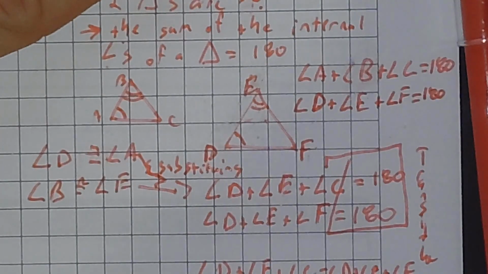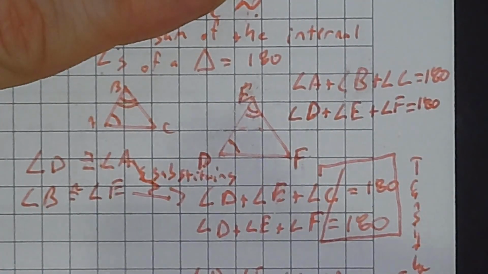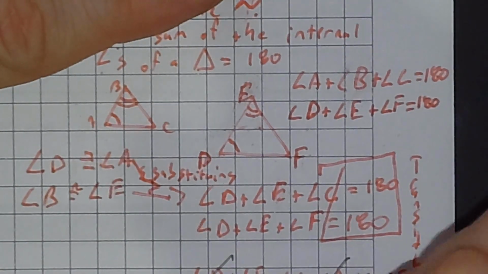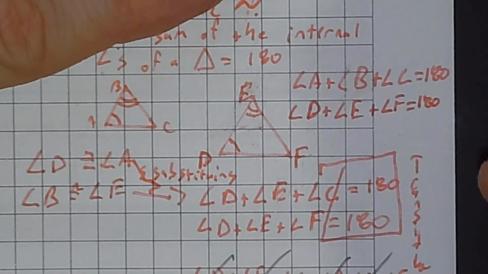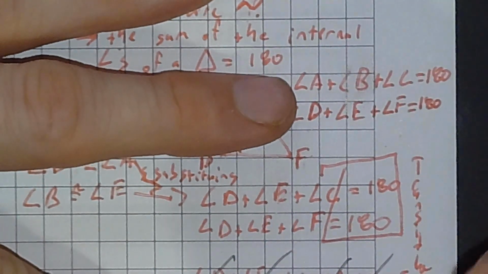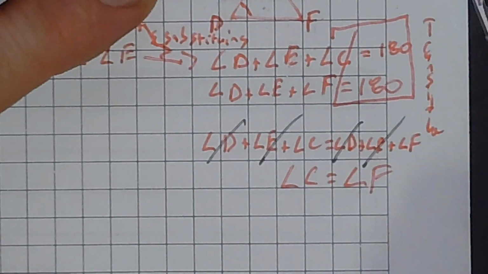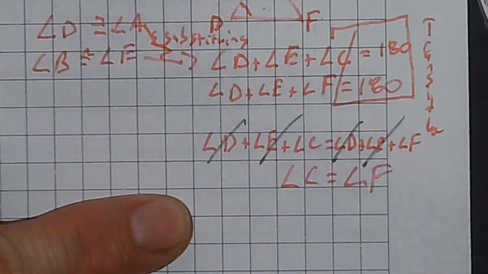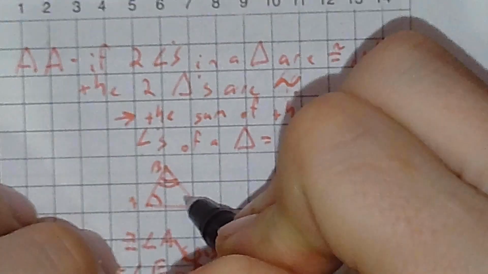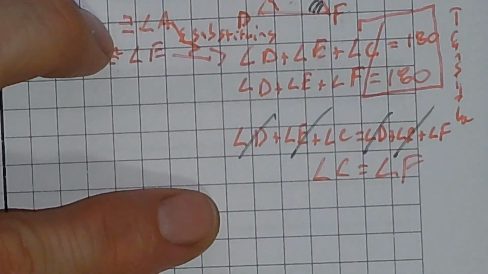And now I can take this black pen here and subtract D from both sides and E from both sides. And I'll just say now angle C equals angle F. Right, so now because of this, the third angle must be true because it's the only one that's left.